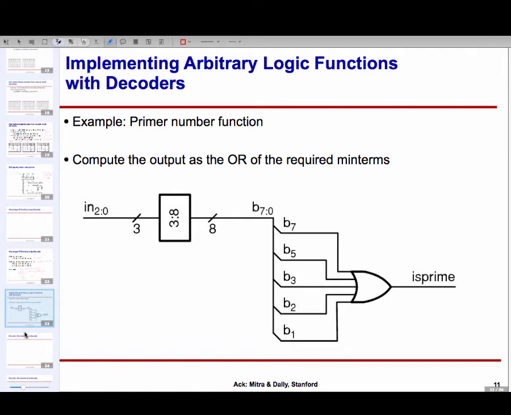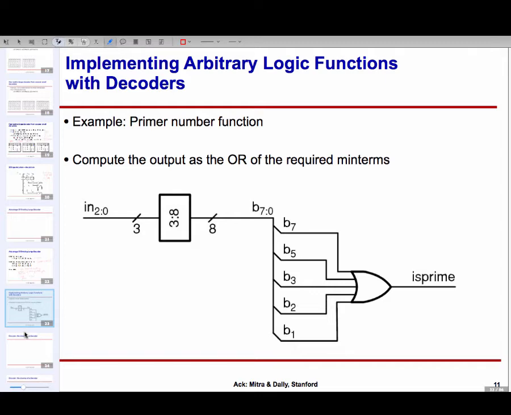Output number 0 being high, what does it mean in terms of minterm? When is output number 0 going to be high? In this particular case, what would be the value of n[2:0] for B0 to be high? 0, 0, 0.